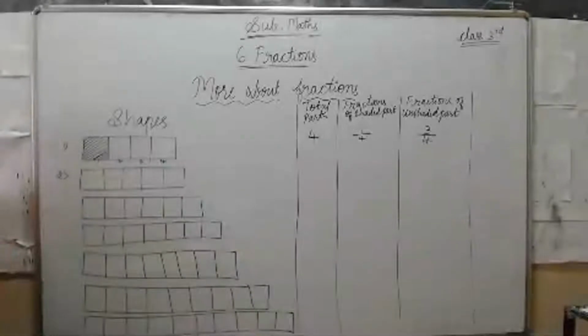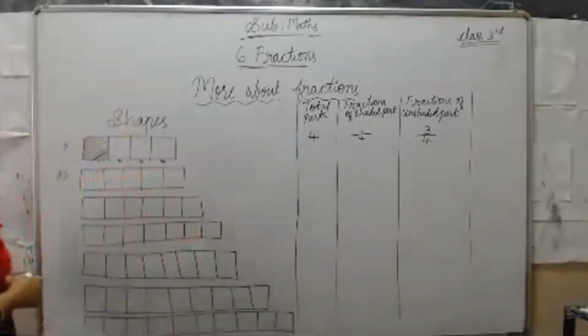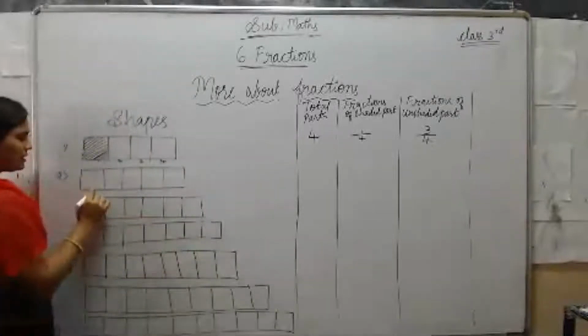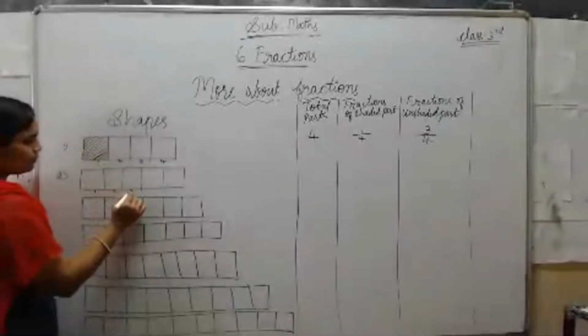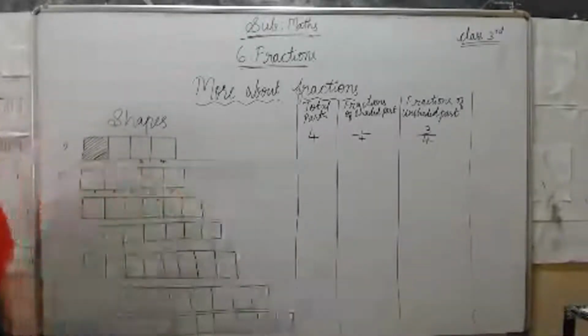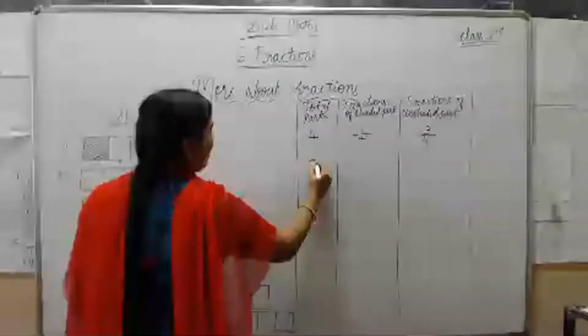It's the second one. First part we have to do. Let's count how many total equal parts are there in this shape. 1, 2, 3, 4, 5. How many parts are there? 5. Total parts 5.